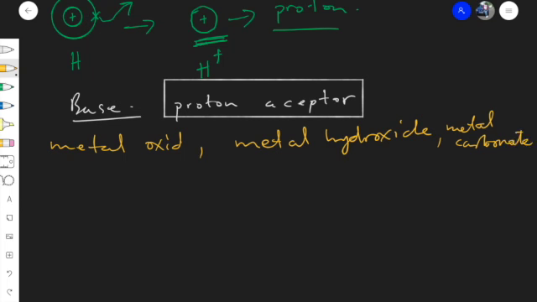Let's give an example. A metal oxide can be calcium oxide, or sodium hydroxide.